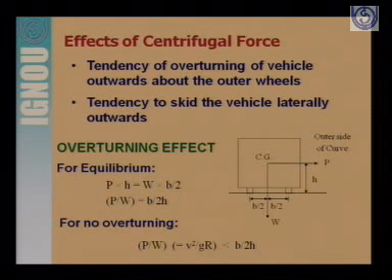So in this case, from these variables, what is in our control when we are designing the highway? First is the speed of the vehicle. You can restrict the speed of the vehicle. You can put the signboard before the start of the curve that the vehicle should not exceed this much speed.